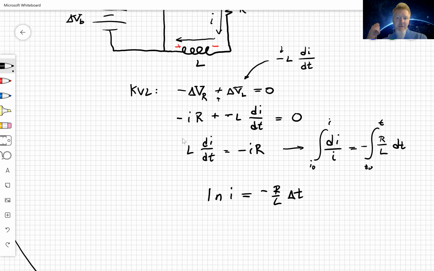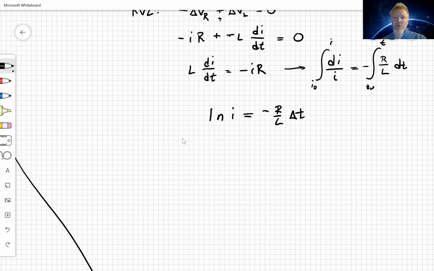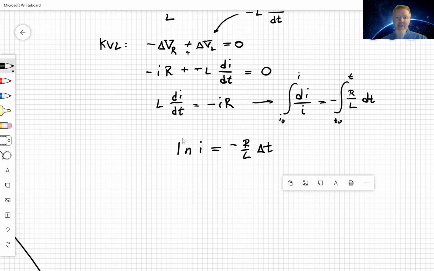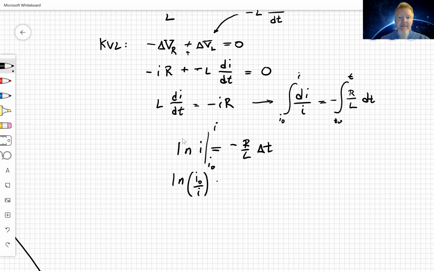And the current is initially larger. I naught is a larger number than I. So when I go to look at the log of these things, it'll be the log. See, I've got to evaluate this and I didn't, so I should do that. It'll be the log of that.